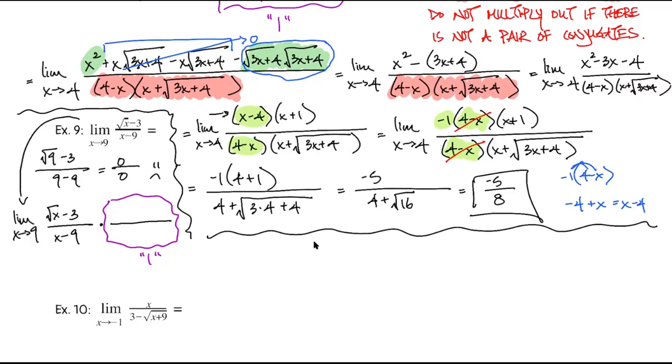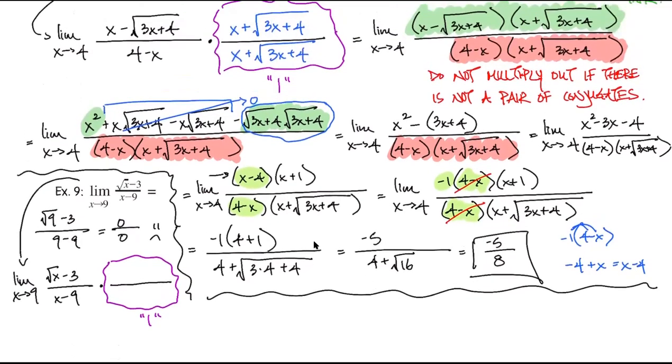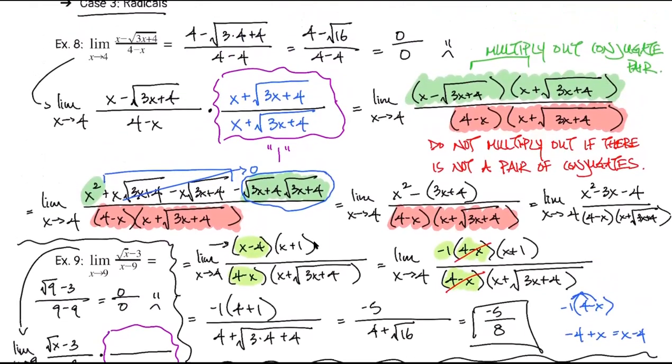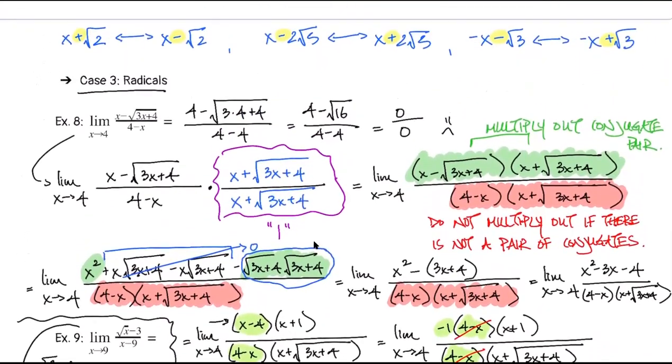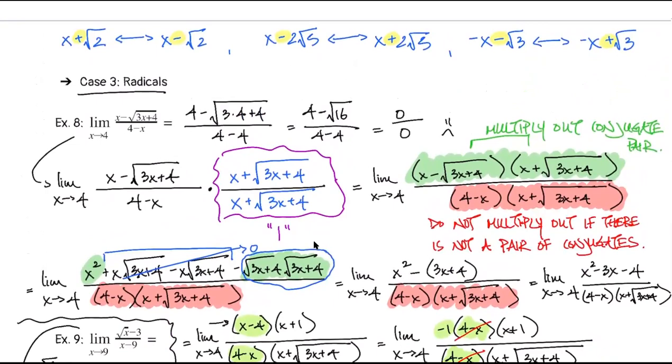Okay, so when we are looking for the conjugate here, we just want to change the sign that is in between. So all these ones up here at the top, where we had the yellow, that's where we changed the sign, right? We changed the sign in between the radical term and the non-radical term.